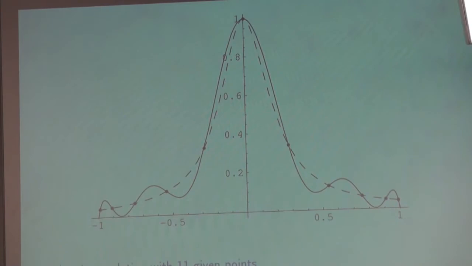So the points are distributed in a way such that the maximum error that our polynomial produces is minimal. That's the task.